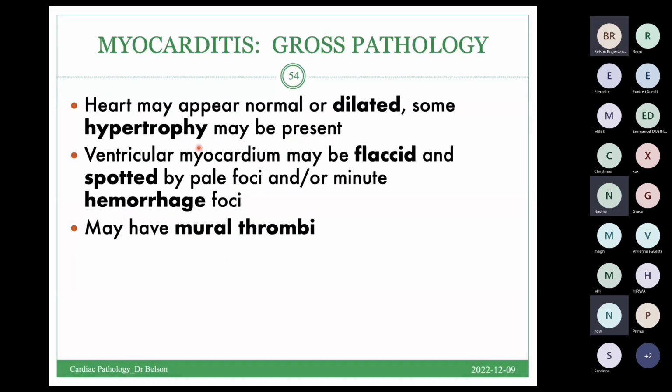So usually the heart will appear normal or dilated, and sometimes can be hypertrophic. Ventricular myocardium may be flaccid and have some hemorrhage. So flaccid, itakora contraction ngo ikomeze. They can have mural thrombi, no kuba hazabaho blood clotting inside the wall.